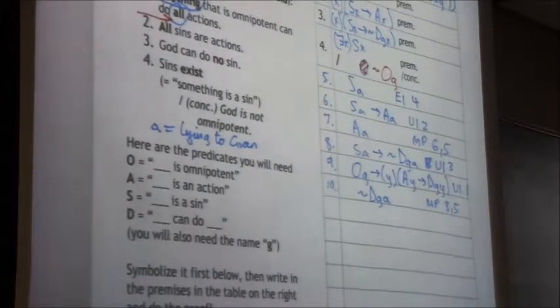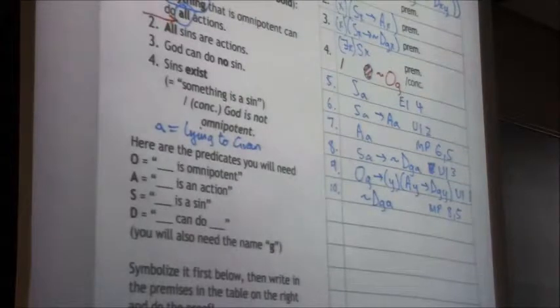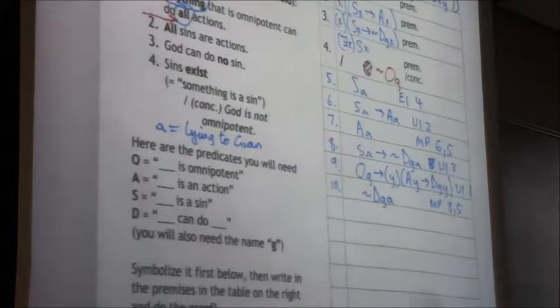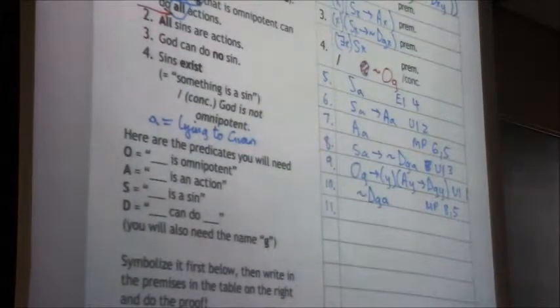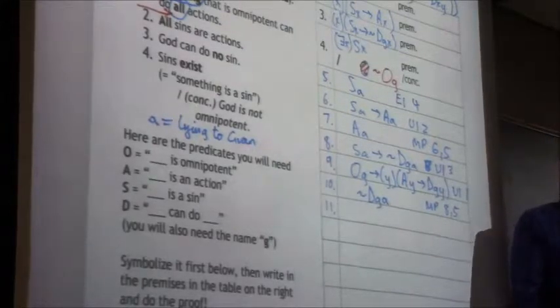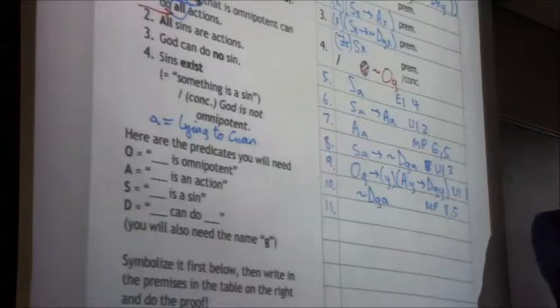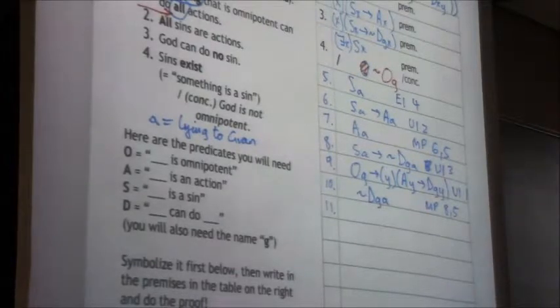Yes. Now, we've done the easy stuff. Now we have to do a little bit of lateral thinking. Remember that I said way back when we were doing proofs to begin with, there are essentially two approaches. I'm not talking about conditional proof or reductio ad absurdum. I mean doing proofs in general.